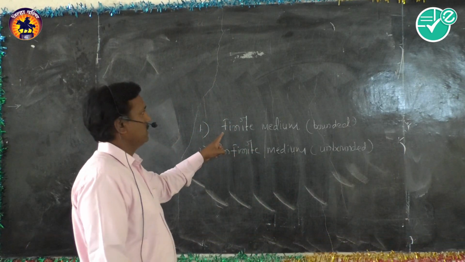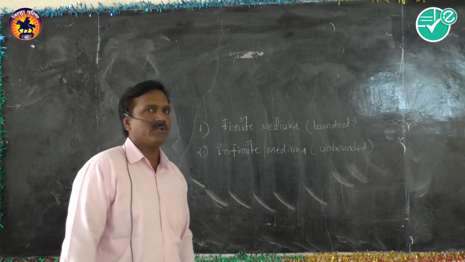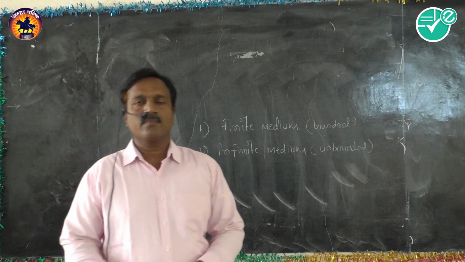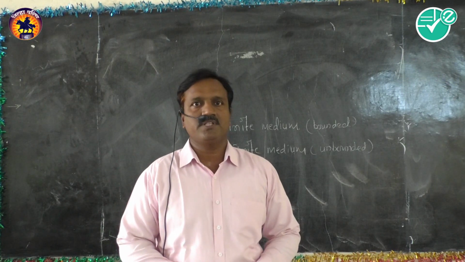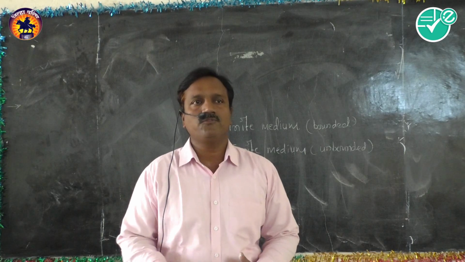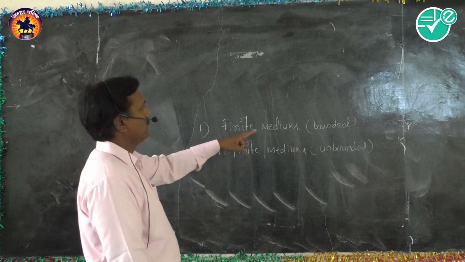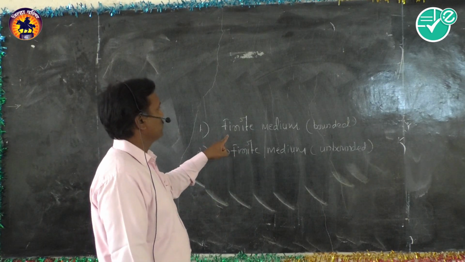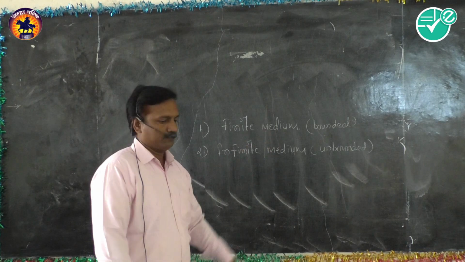Firstly, we are going to see the condition for finite medium, in case of bounded medium. In a bounded medium there is a boundary, which means that waves are going to reflect from that boundary. Therefore, that is the bounded medium, which we are going to call the finite medium.